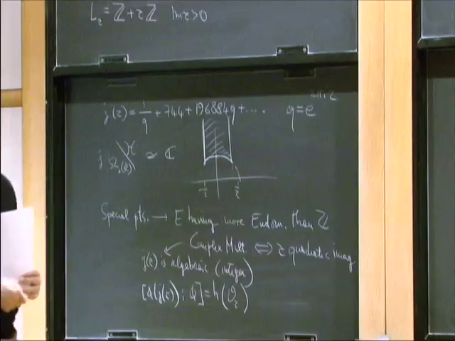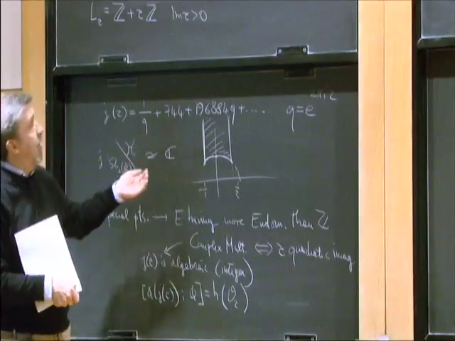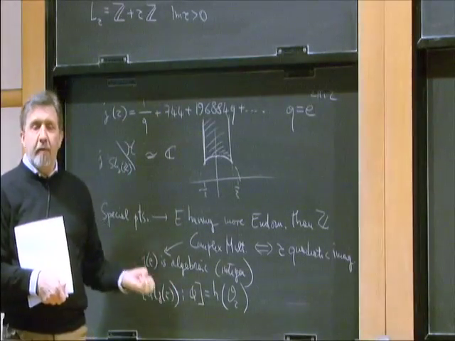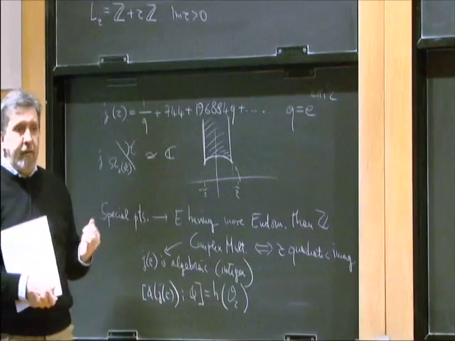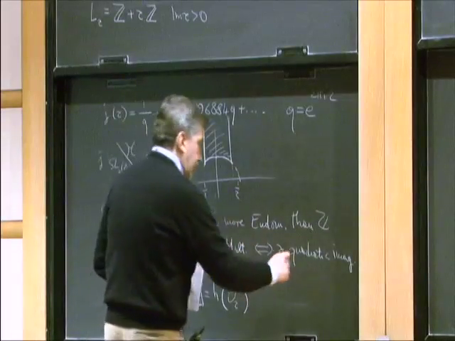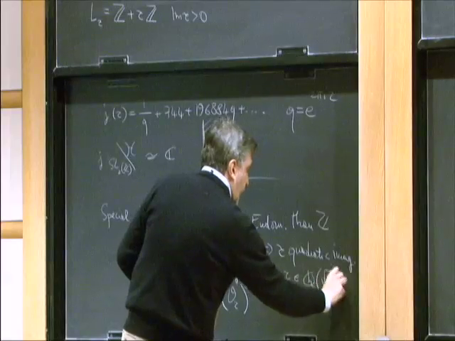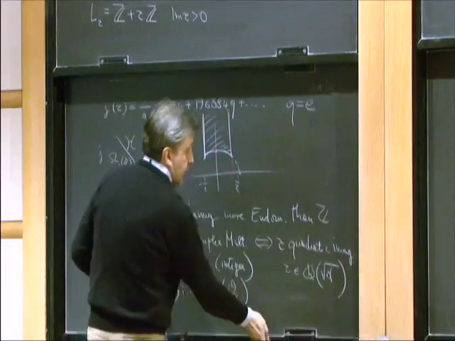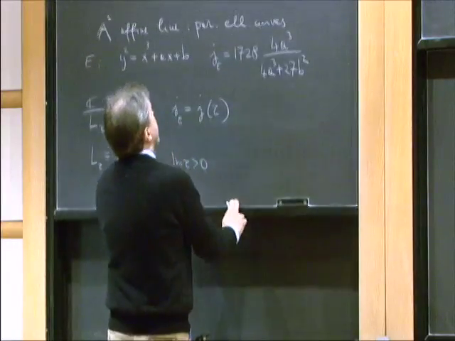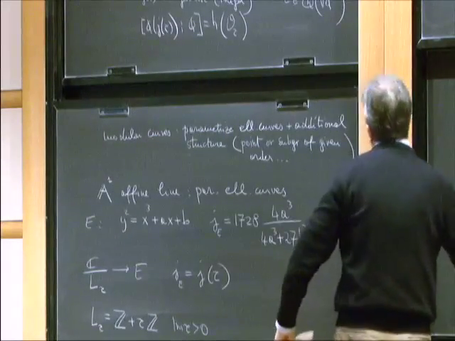What is this? This is an order. There is a ring of complex numbers which send the lattice into itself. And this ring is contained in the ring of integers of the quadratic field containing tau. So tau lies in a certain Q of square root of d, where d is square free and negative.